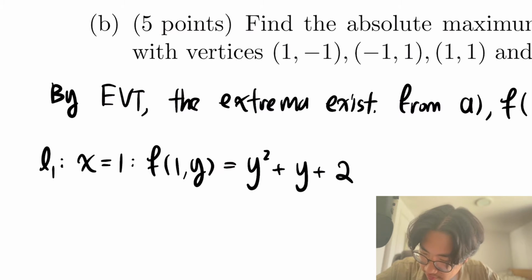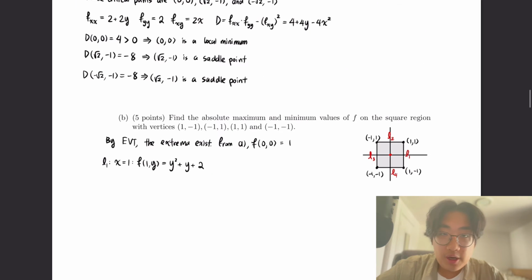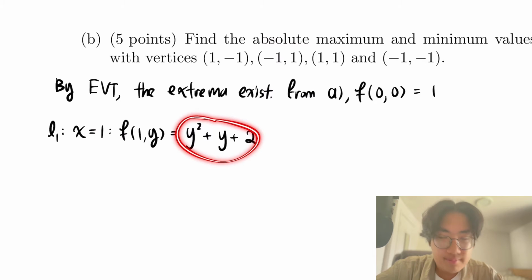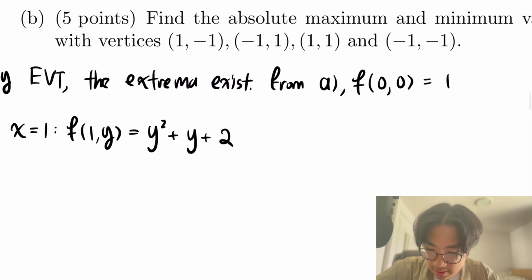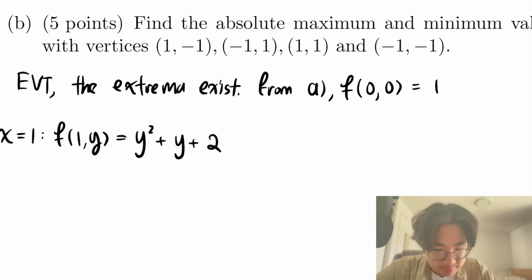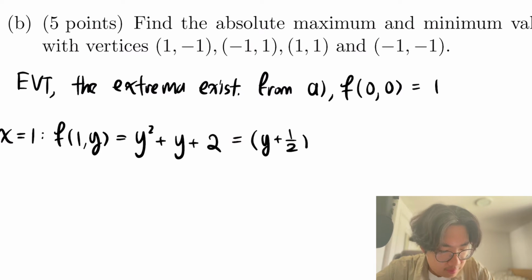There are some different strategies you can use to find the minimum and maximum of a parabola. I've seen the solutions taking the derivative, but usually whenever I did it, I simply completed the square, which I'll do over here. So we have (y + 1/2)² plus, for the constant, 2 minus 1/4, which gives you 7/4.